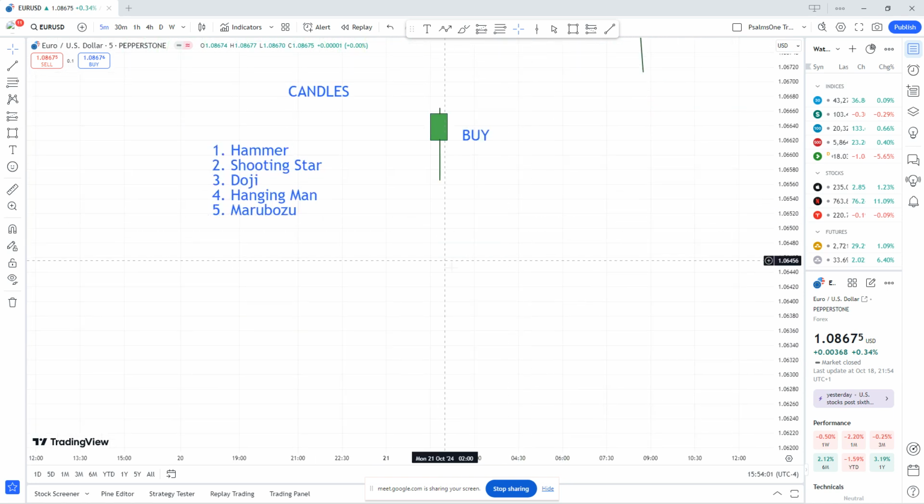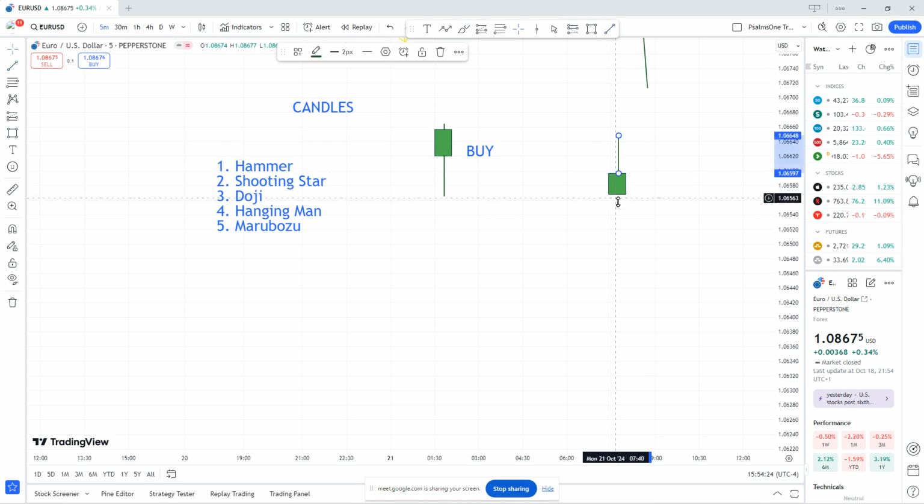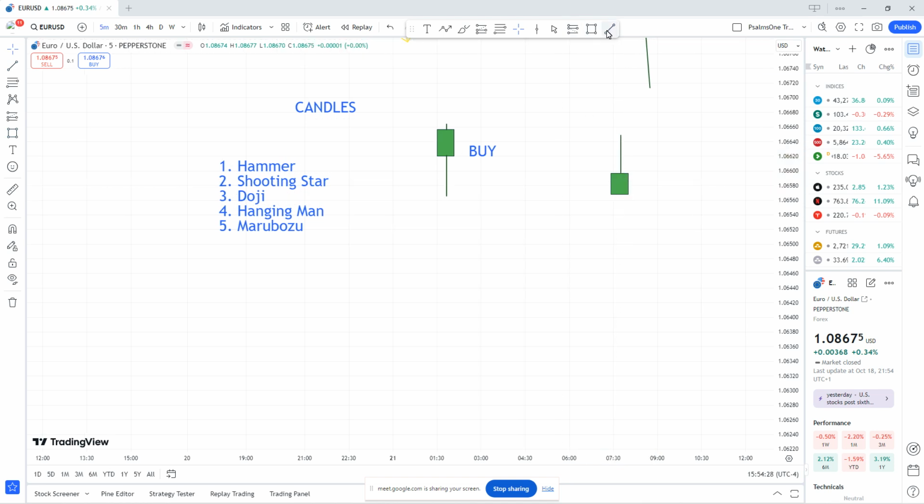All right. For the shooting star, it is just like the opposite of the hammer. I'm trying to rush because of time. So, the opposite of the hammer is the shooting star. It looks like this, and it can maybe have a small wick.